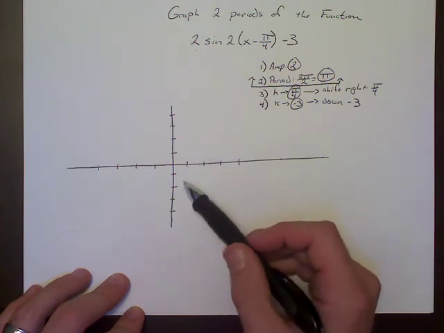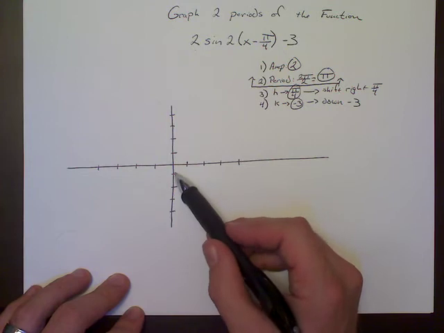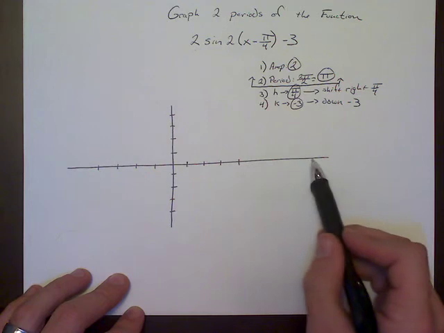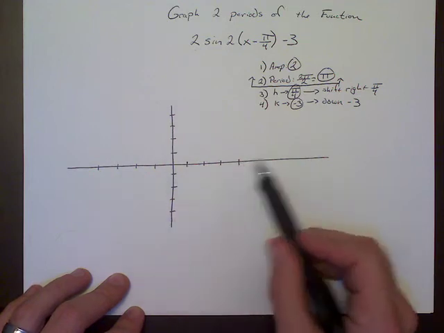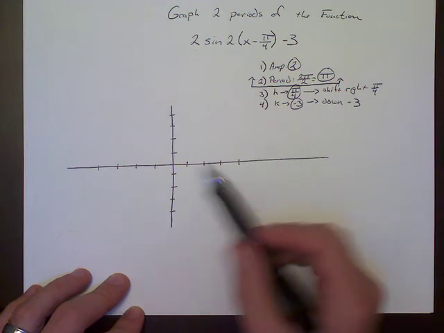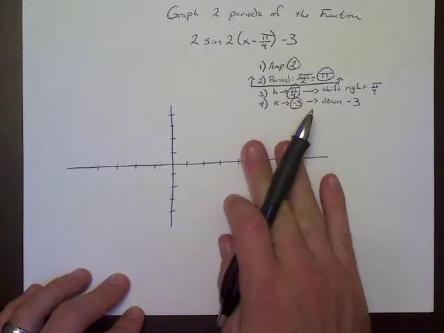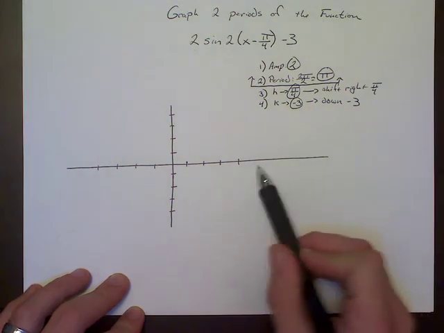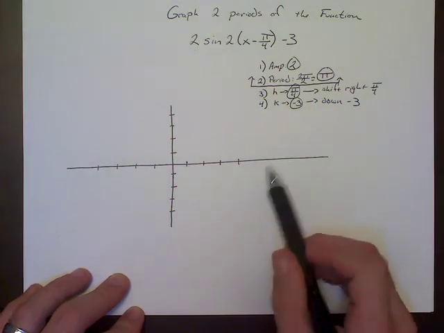So set it up the same way, 4 hash marks, but leave some extra space, because depending on where we shift things, we may need to use some more tick marks over here. I would leave some extra room.